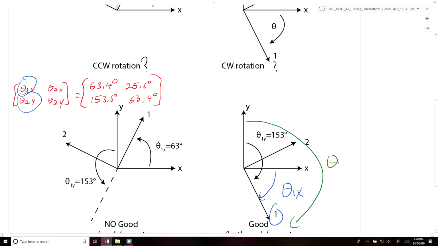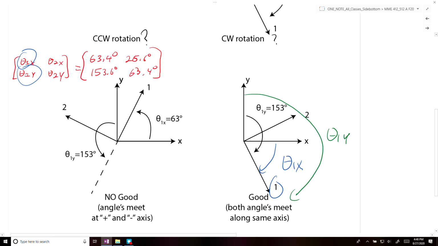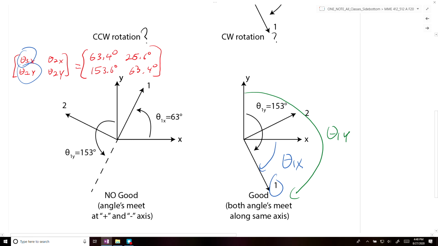So for theta 1y and theta 1x to agree on the same principal axis, axis 1, the first principal axis needs to be in the fourth quadrant of our original xy coordinate system. Or you can think of it as the element needs to be rotated clockwise 64.3 degrees.